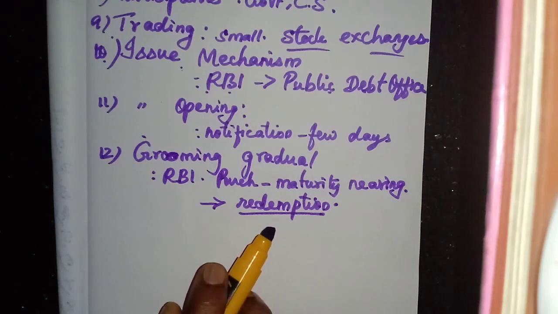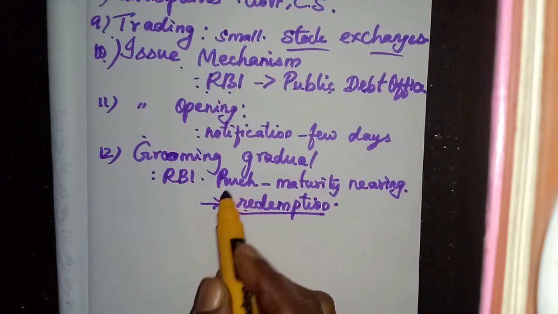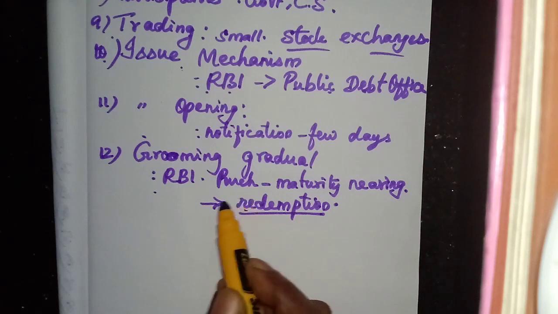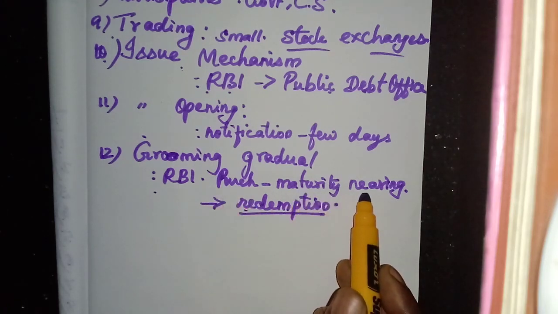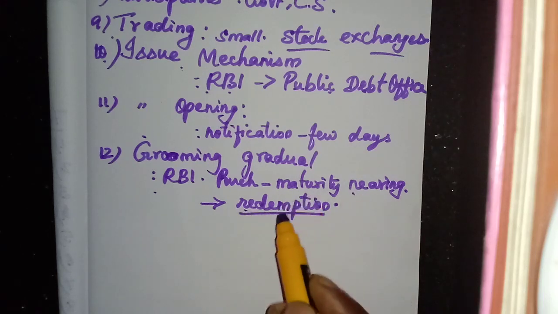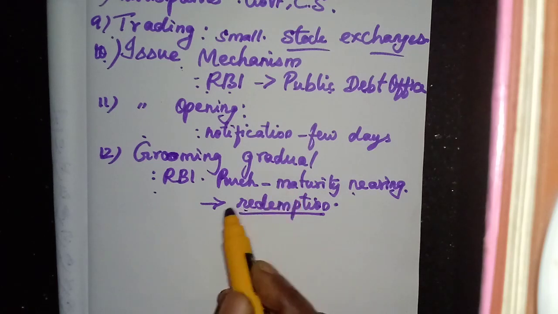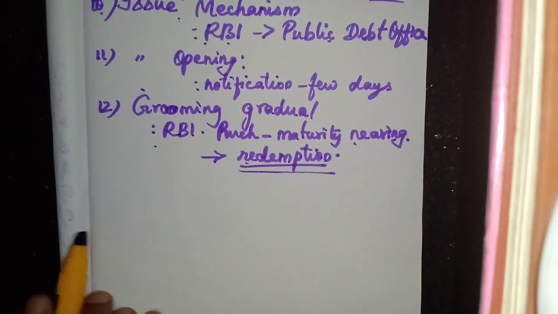It may be 30 days or maybe 1 year. So they do not have money. So what will the RBI do? They will purchase the nearing maturity securities, and they will get that amount within 10 days. That amount will be used to repay the matured securities.